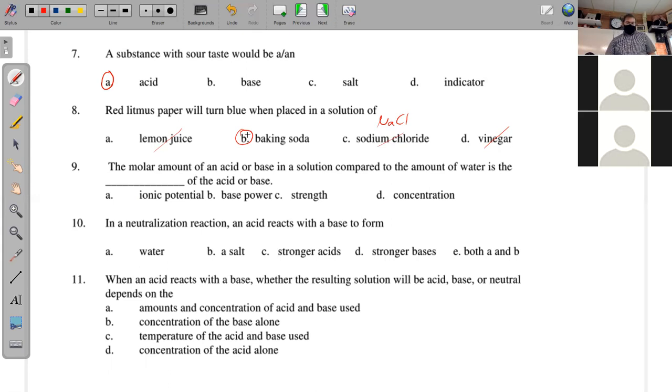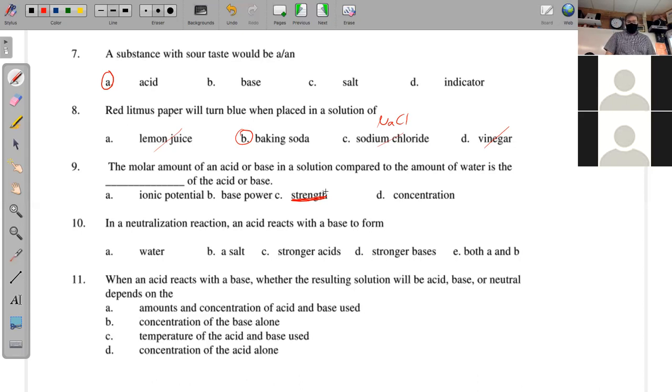So the molar amount of an acid or base in solution compared to the amount of water is the concentration of the acid or base. Okay, there's some confusion about the difference between strength and concentration. What the strength of an acid means is whether or not the ionic compound completely dissociates in the water or not. And if an ionic compound completely dissociates, we say it's a strong acid.